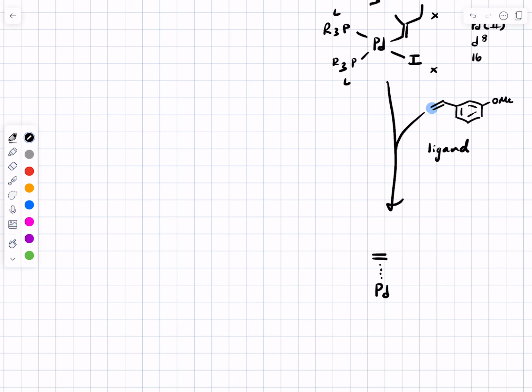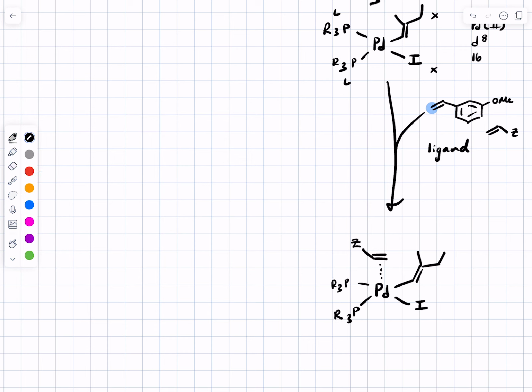ligand. If it's okay, I'm going to represent this molecule with a Z just to make the drawing easier. And then we still have these other groups on the palladium. We have the iodide, we have the two phosphine ligands, only they're not triphenylphosphine. How many times am I going to make that mistake?